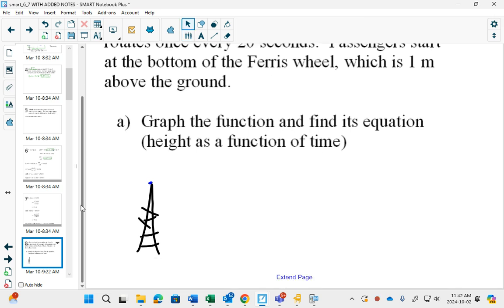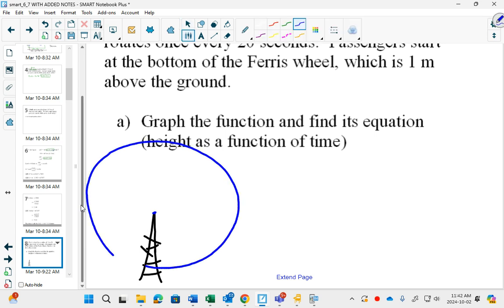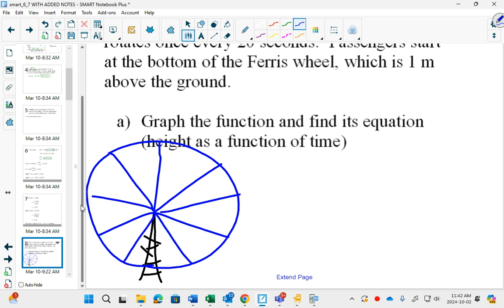I gotta move my tower down a bit. There's the center. We've got a wheel. There it is. Perfect. Obviously, it would be connected somehow. And then it has chairs. Oh, so much fun. And you go around and around and around.